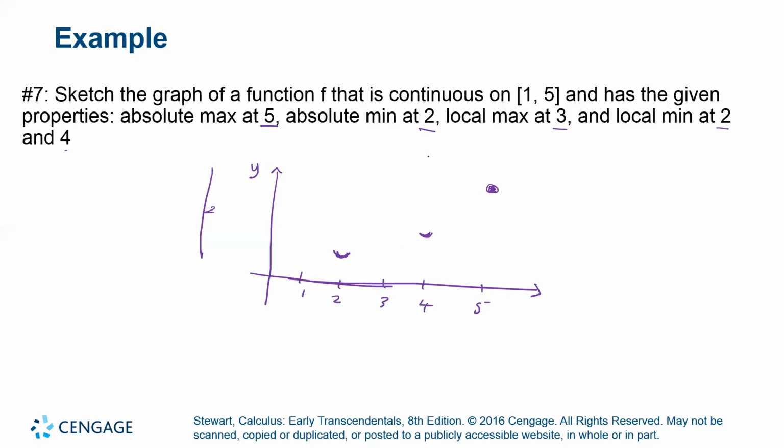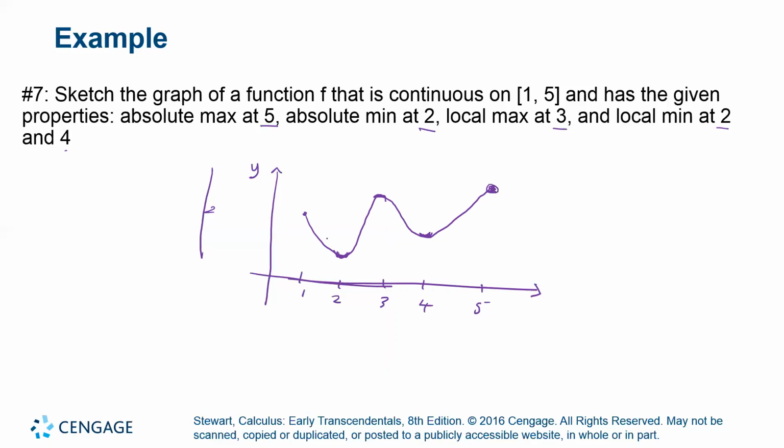And at 3, we have a local maximum, so that's going to be like this. So if I want to sketch this graph between 1 and 5, it goes up, then local max, and then local min, and then stops there. Okay, so this is the point.